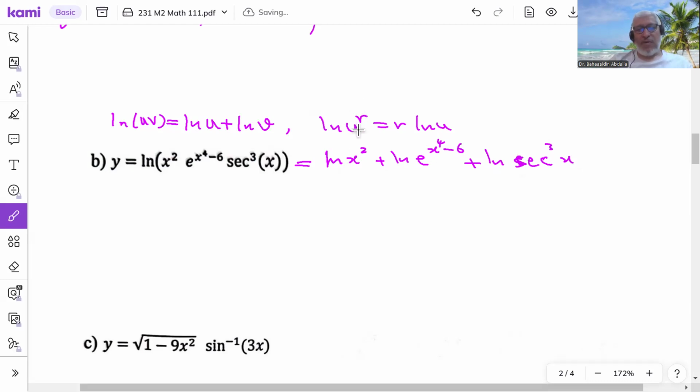But I have some powers of u: I have x squared here, and e. Well, ln cancels e, because there is a formula that says ln e to the power x is just x, so they cancel each other.